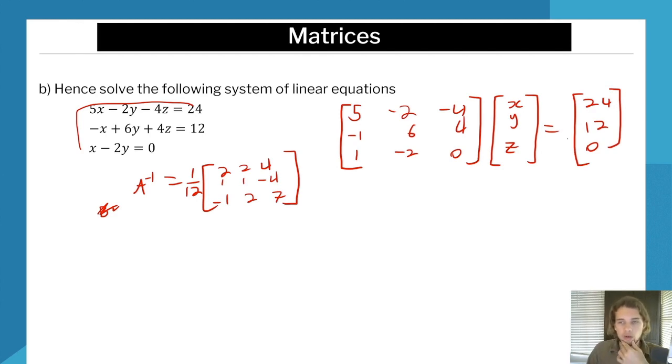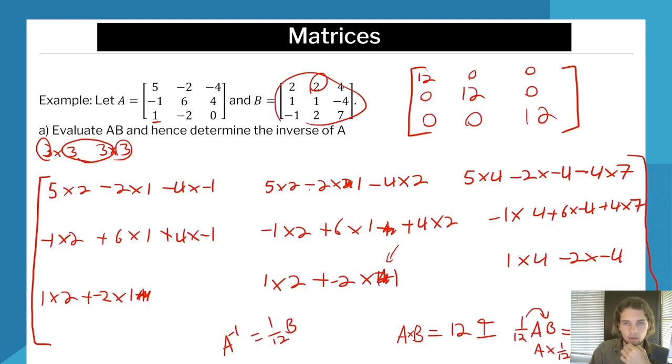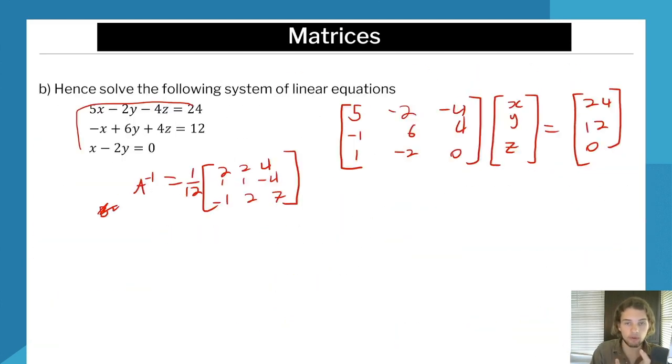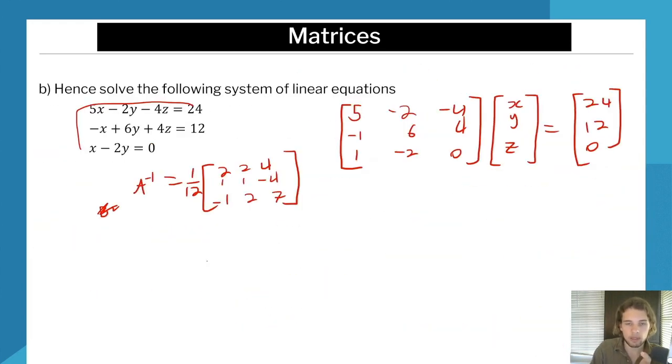So now, again, following the system of finding simultaneous equations that we were using over here, that was described here, we can consider A times x, y, z is equal to 24, 12, 0. We can consider multiplying everything by this.